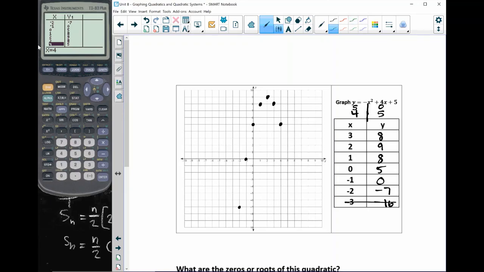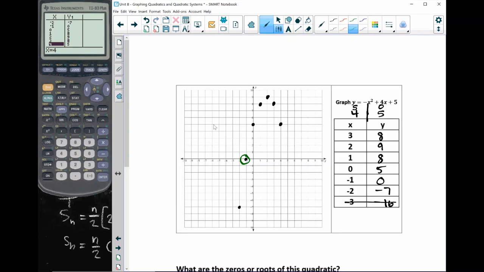But I can also use my calculator. Remember, whenever the y equals 0, that means that the x term paired with it is the root. So here you can see that when y equals 0, I have a -1. So a -1 is a root. And you can see that right here.